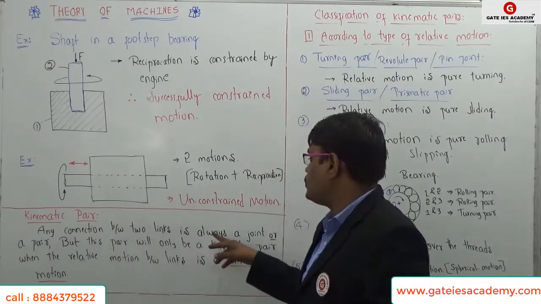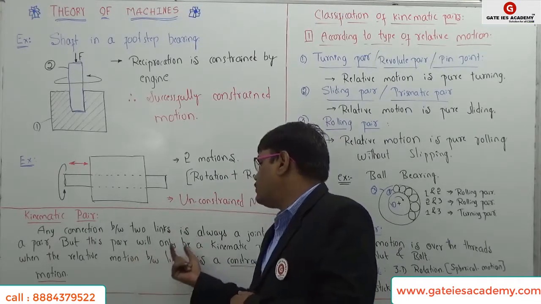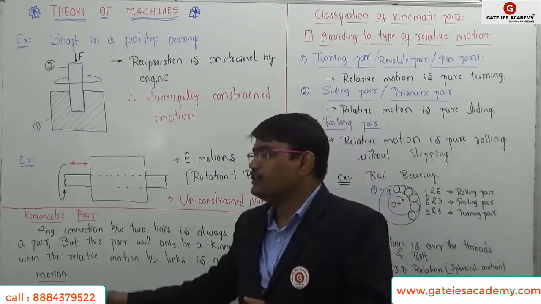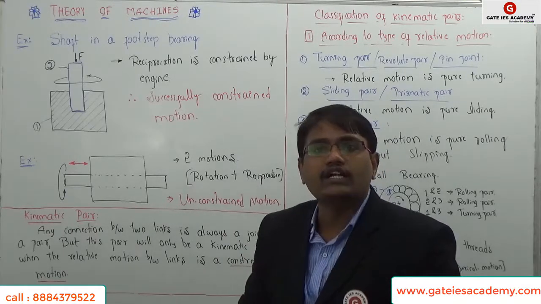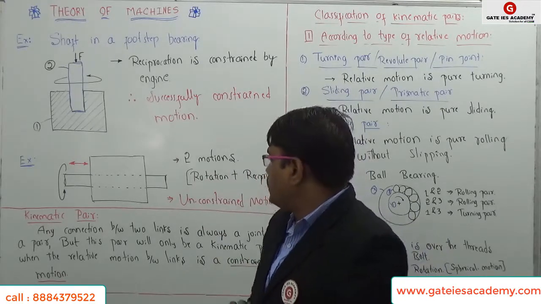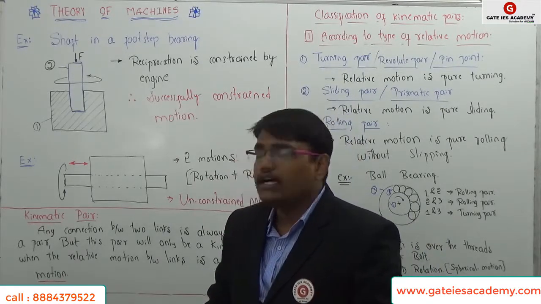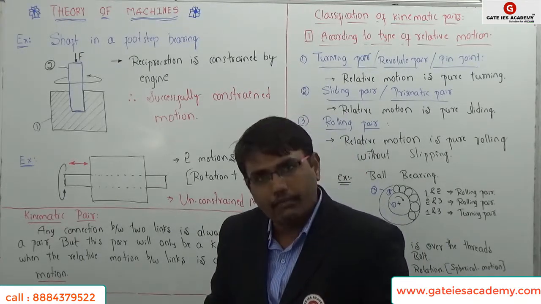Any connection between two links is always a joint or a pair, but this pair will only be a kinematic pair when the relative motion between the links is a constrained motion, as we have seen here, right? The relative motion must be a constrained motion, then only you can call it a kinematic pair.